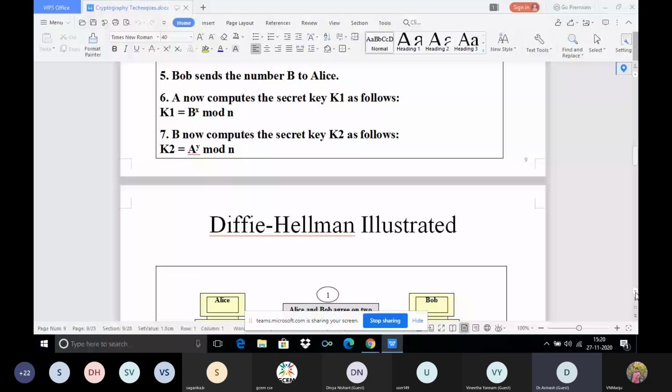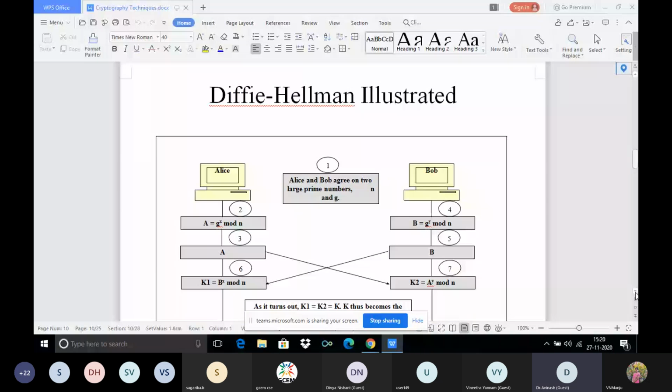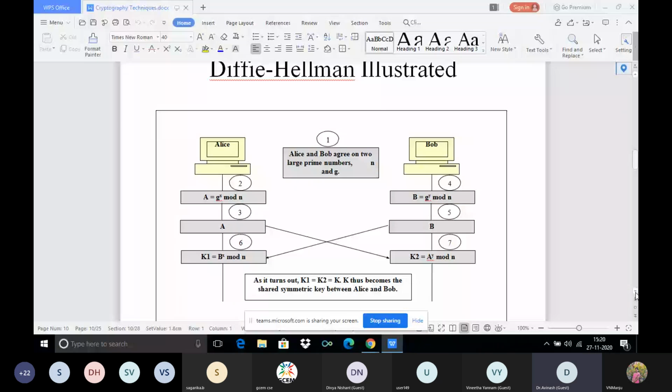So now how are we going to illustrate the Diffie-Hellman algorithm? This you have to understand. The first one is Alice, the sender, and Bob is the receiver.